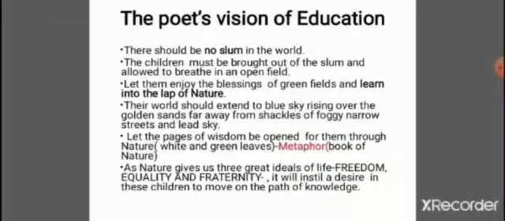Their world should extend to the blue sky, rising over the golden sands, far away from the shackles of foggy narrow streets and a leaden sky. So the very first thing he wants is that they should be brought out from this slum and made free to live in the lap of nature.